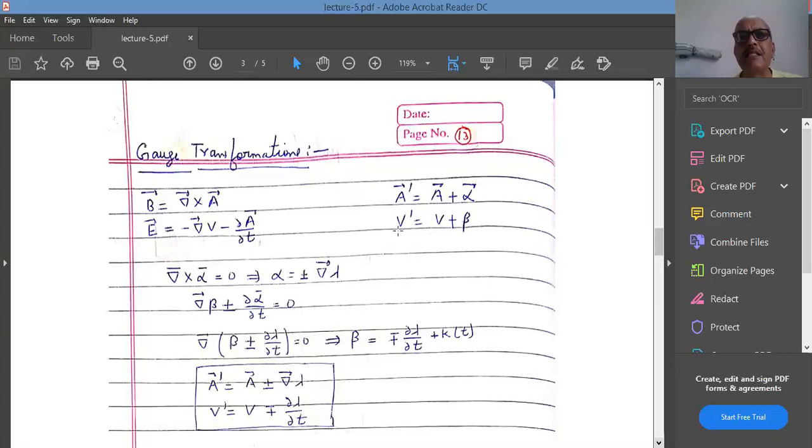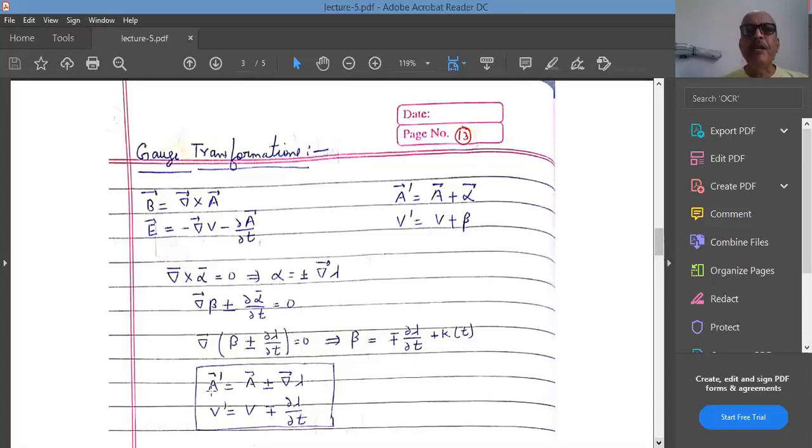And if you make the similar substitution here, then B dash becomes equal to B minus plus del lambda over del t. That means if we write A dash equal to A plus gradient of lambda, then we have to take B dash equal to B minus del lambda over del t.